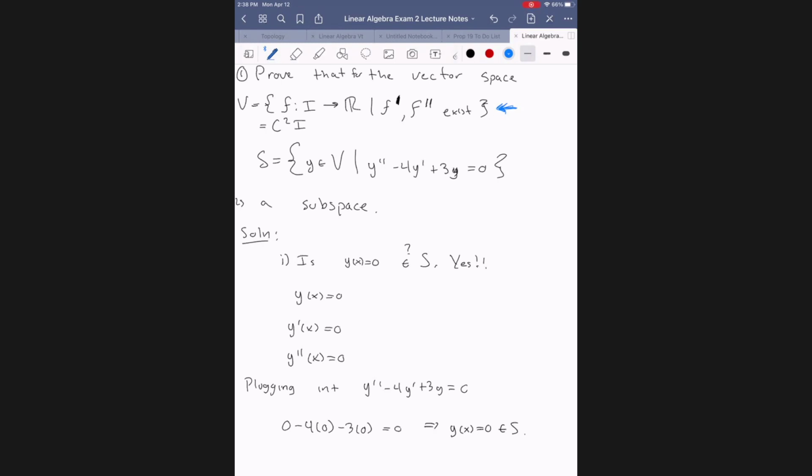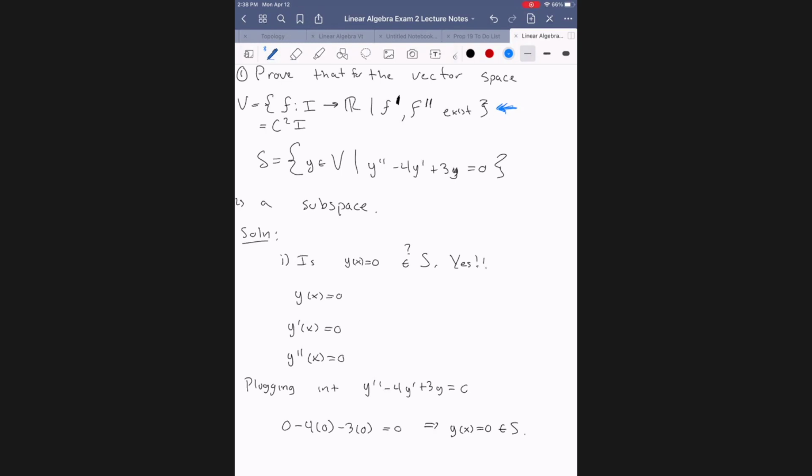Yeah, constants are functions. So 0 is definitely in V. What we were trying to do is show that the 0 vector, which for this vector space is the function y of x equals 0, is inside S. That's why we picked y of x equals 0. We had to show that thing was in S.